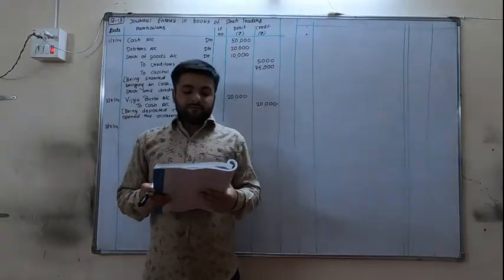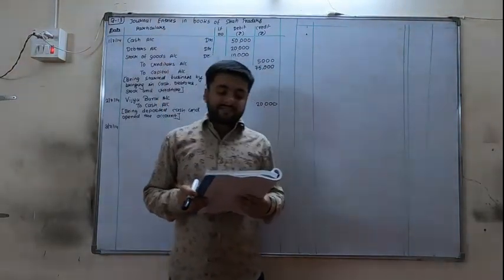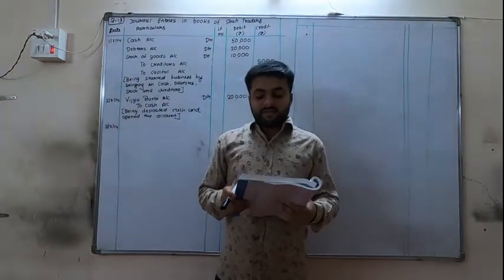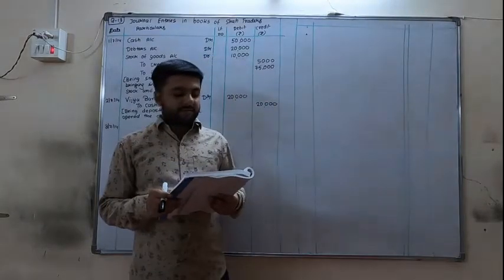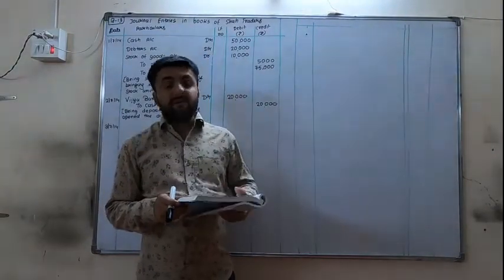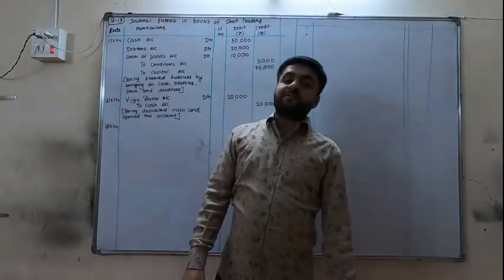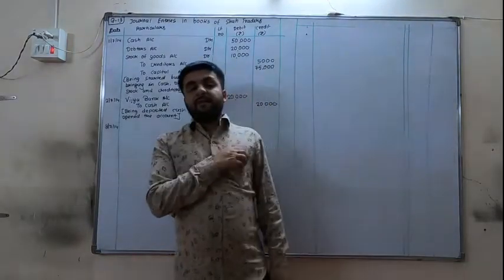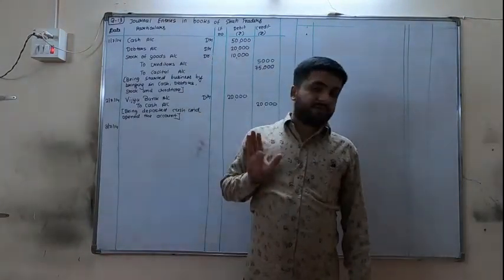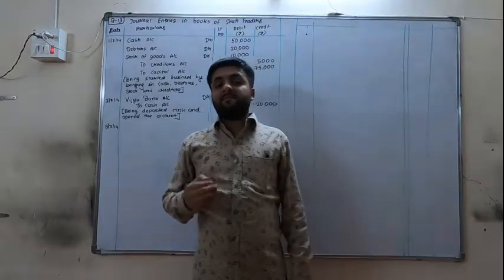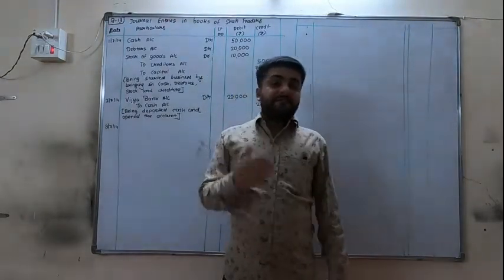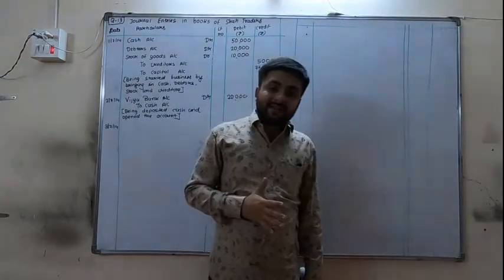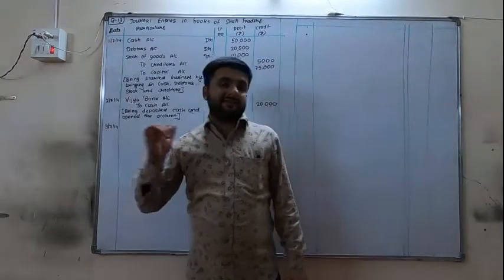Goods of 20,000 purchased from Sumul at 10% trade discount and 10% cash discount, paid half amount by cheque. Previous day also the same kind of transaction was there. We are purchasing the goods. Goods are coming in, so purchase will be debited. We are paying half the amount by cheque, so bank is the giver, bank is credited.